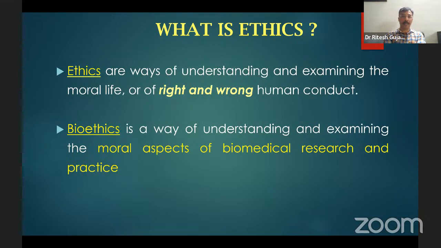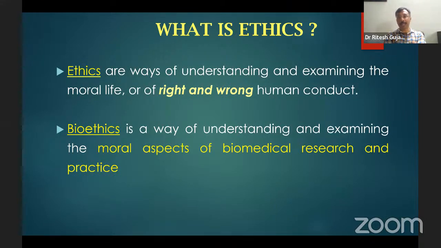So ethics is about ways of understanding and examining the moral life, or what is right and wrong. Ethics gives us a sense to discriminate between right and wrong, whereas bioethics is something different: it is a way of understanding and examining the moral aspects of biomedical research and practice.